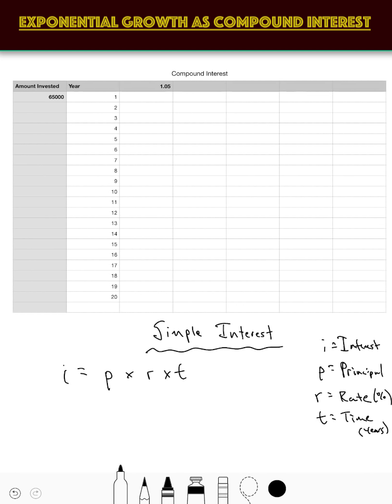So first, just to review our formula for simple interest, the way that we've talked about remembering simple interest before is the equation and the saying I is Purdy, I = PRT, where I is interest, P is principal, R is the rate, T is the time measured in years.